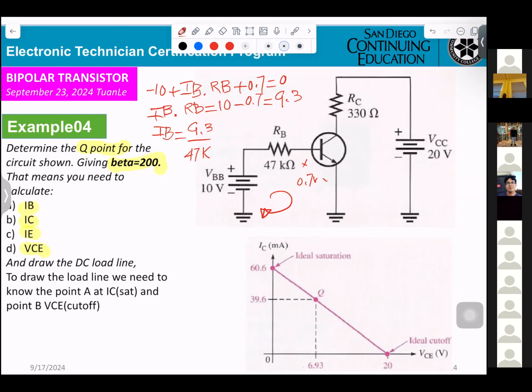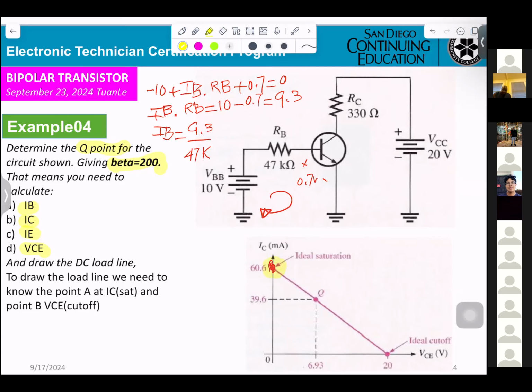And what they want you to get is point A here and point B here to draw the line.